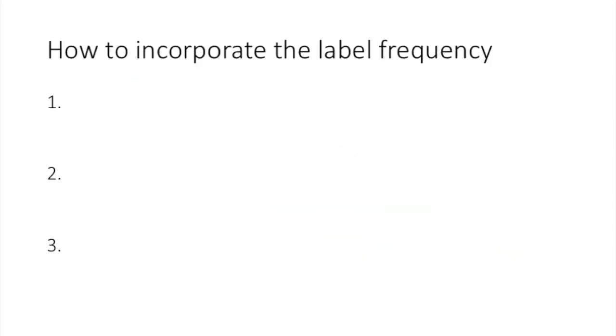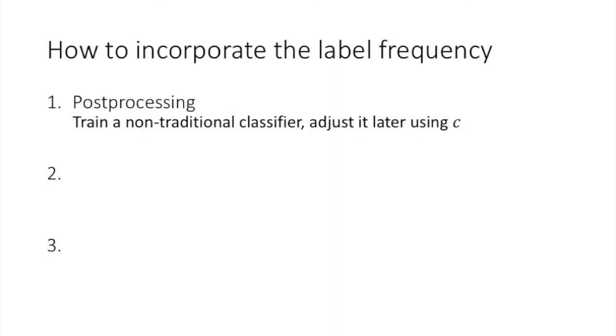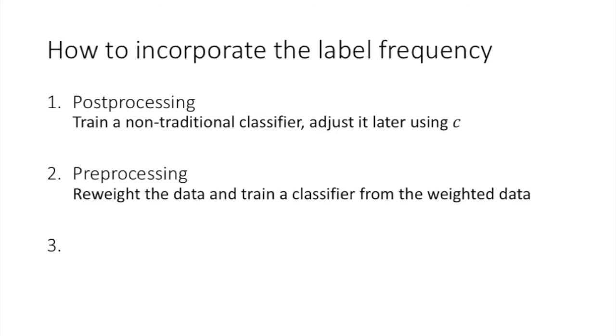There are three main classes of methods on how to incorporate the label frequency for PU learning. First, there is a post-processing method, which trains a non-traditional classifier that can predict the probability for an example to be labeled, and then later adjusts this non-traditional classifier using the labeling frequency C. Second, there is a pre-processing method where we first re-weight the data and then train a classifier from the weighted data.